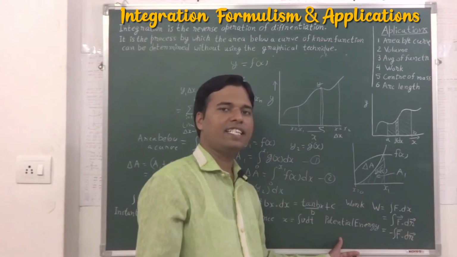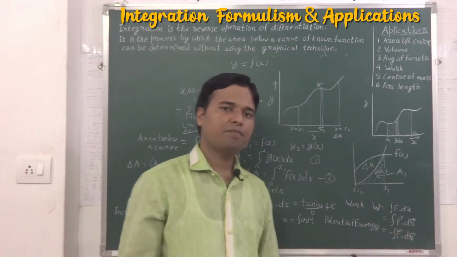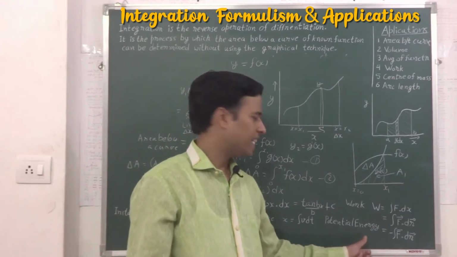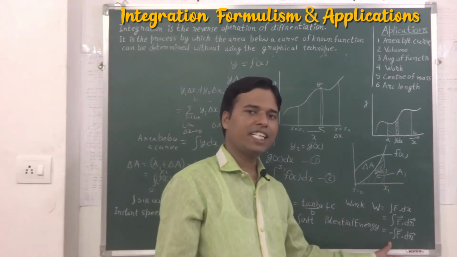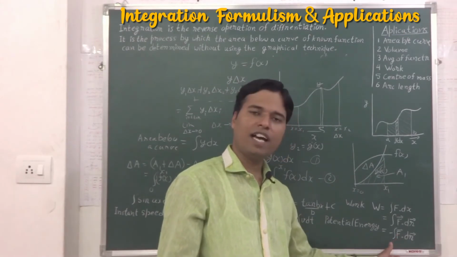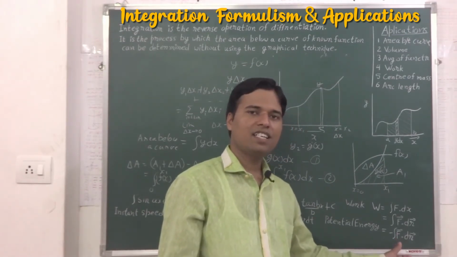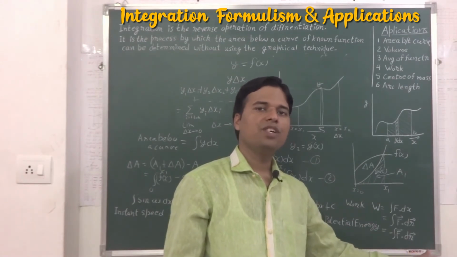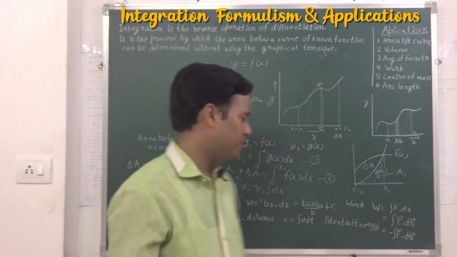The potential energy with respect to a given force field can be calculated by the negative work done. So the formula is minus the integration of force with respect to the displacement.